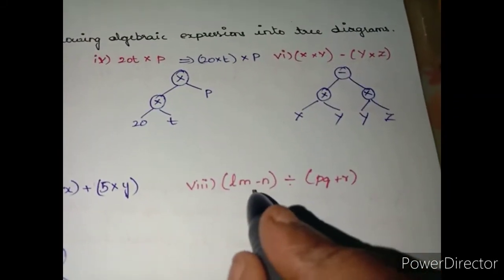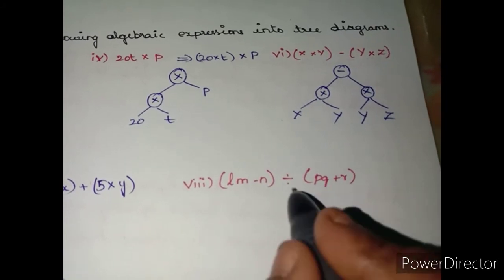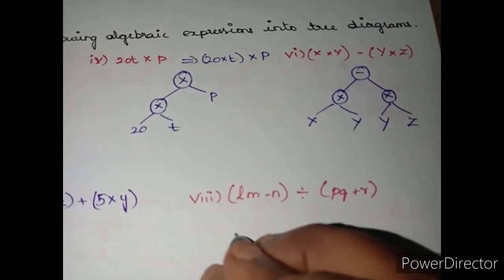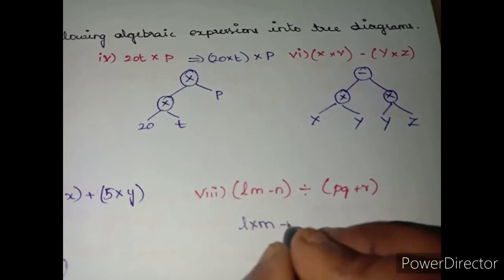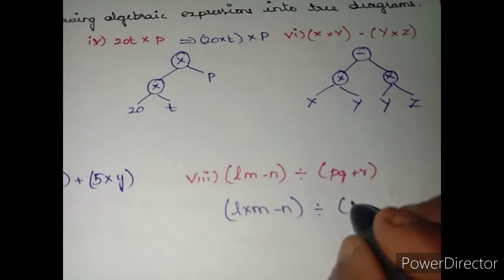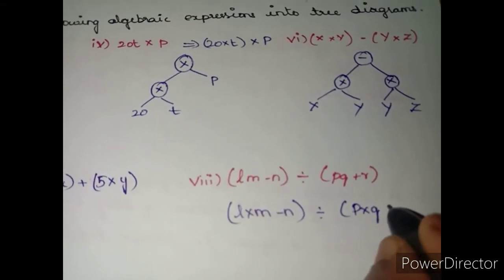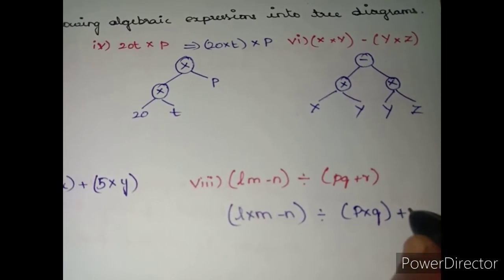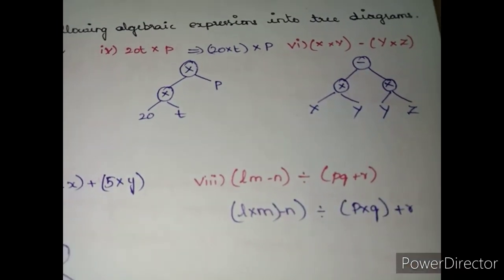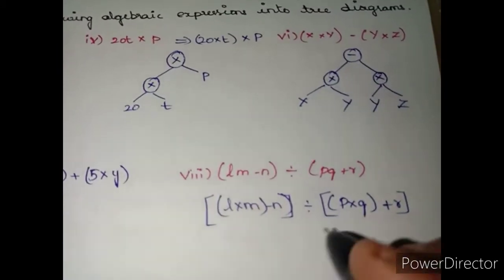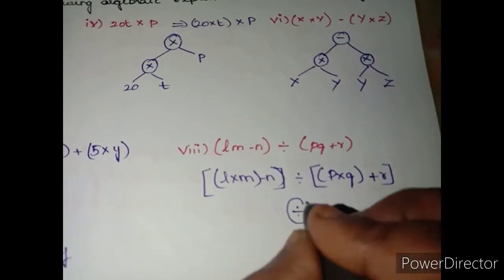l into m minus n divided by pq plus r. So how should we write this? l into m minus n divided by p into q plus r. Okay? Now we'll proceed with the main operation, division.